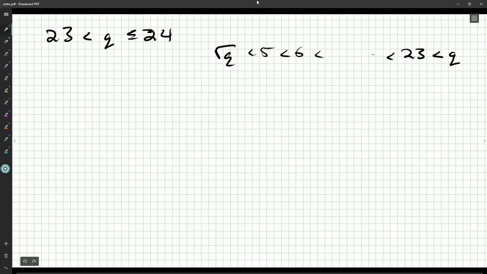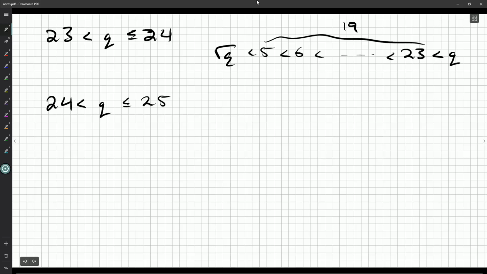And how many numbers are in that range? Well, now it's 19, so okay, that works out. So q's that are greater than 23, less than 24, will have 19 integers in the range that they want. Okay, how about things that are greater than 24, less than or equal to 25?